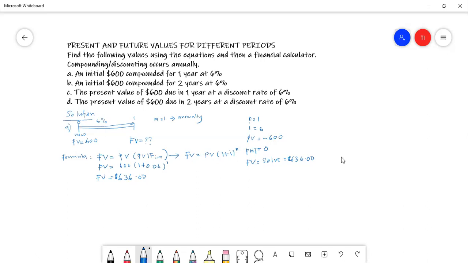So now we look at B. We want to calculate the future value for year 2.